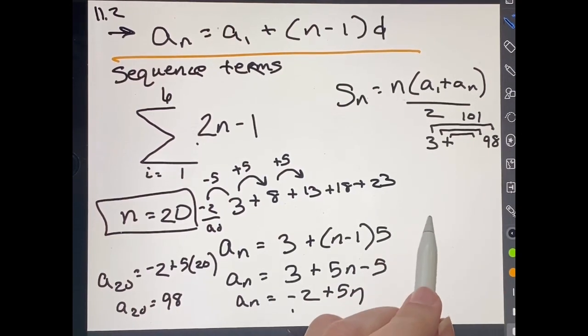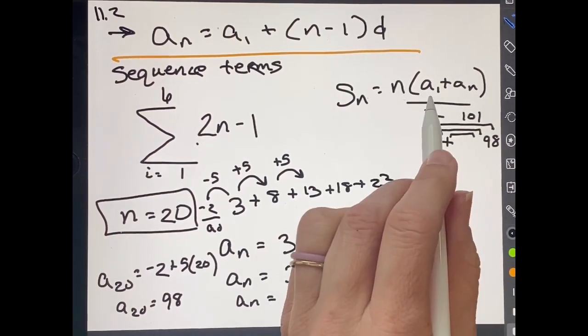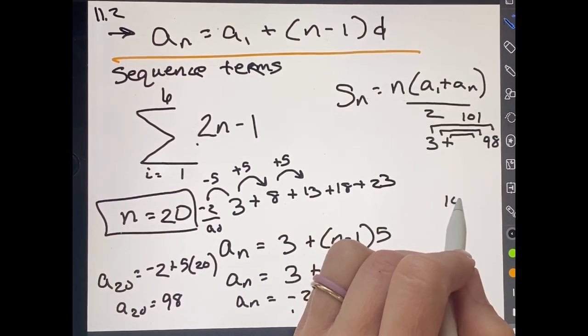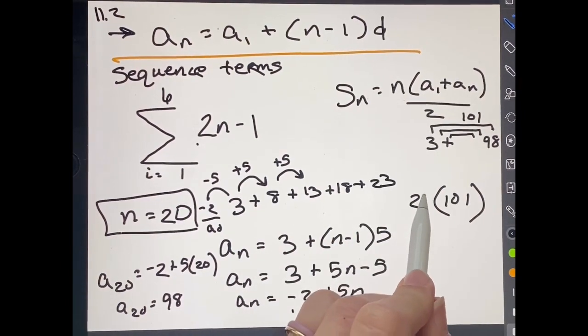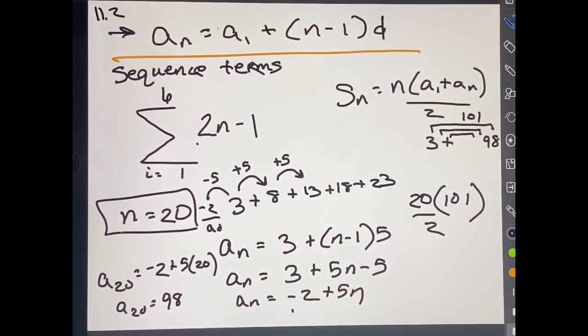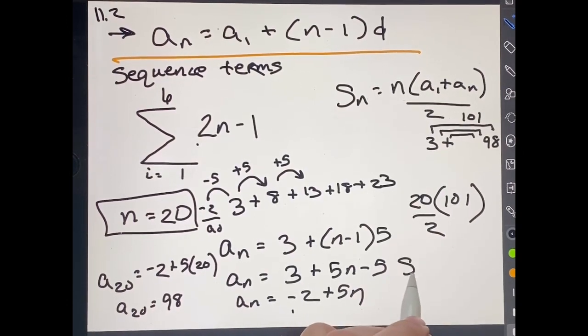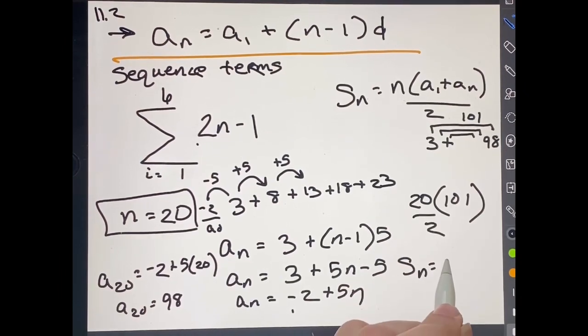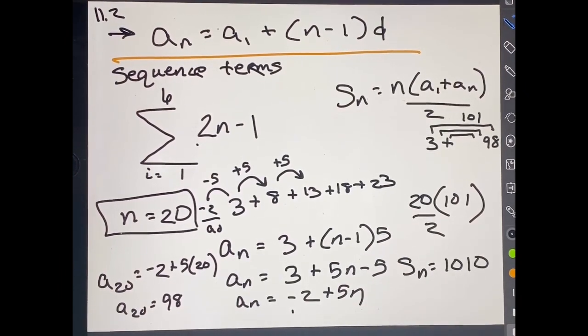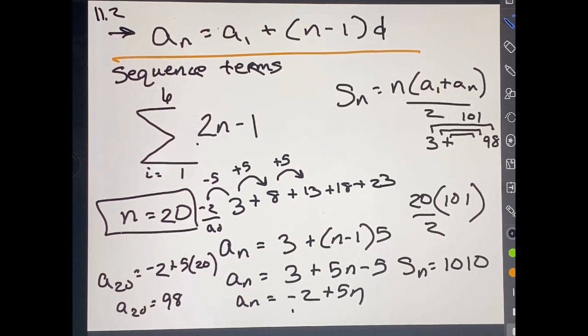So I have pairs that add up to 101. a sub 1 plus a sub n gives me 101. And how many pairs of those do I have? Well, I have 20 numbers, and I'm going to have half that for my number of pairs, which means I'm only going to have 10 of them. So my sum is going to be 101 times 10, which means I simply just add a 0.